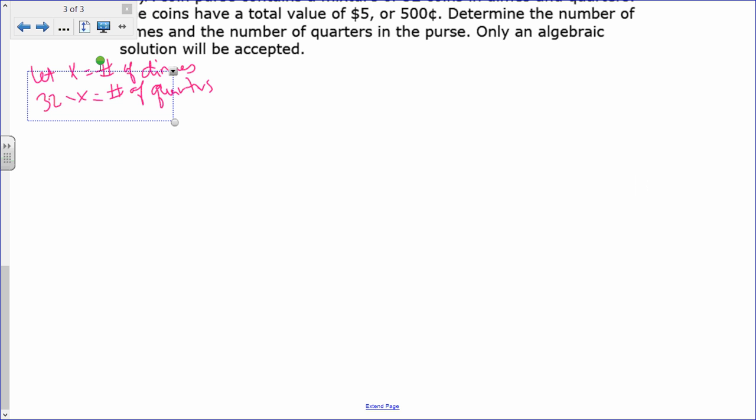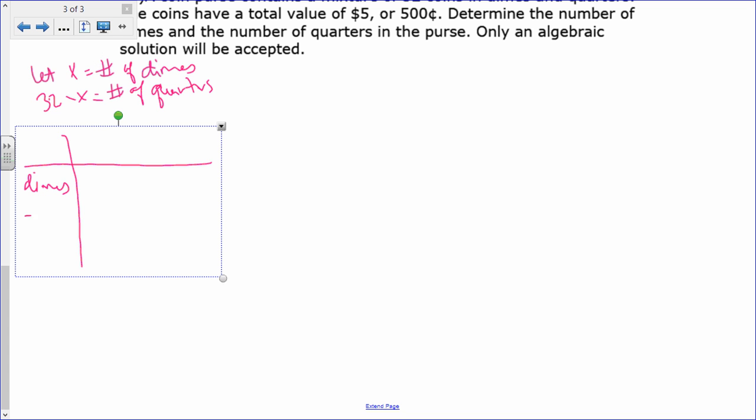Let me extend my page a little bit. So then I make my chart. I will have dimes, and I will have quarters. This is their value, this is the number, and this is their total amount.